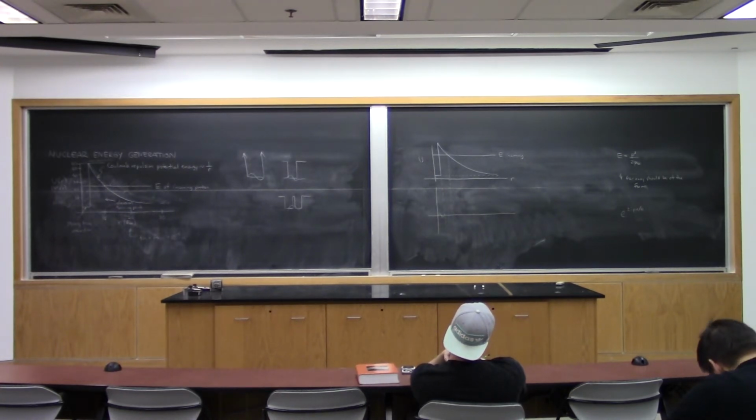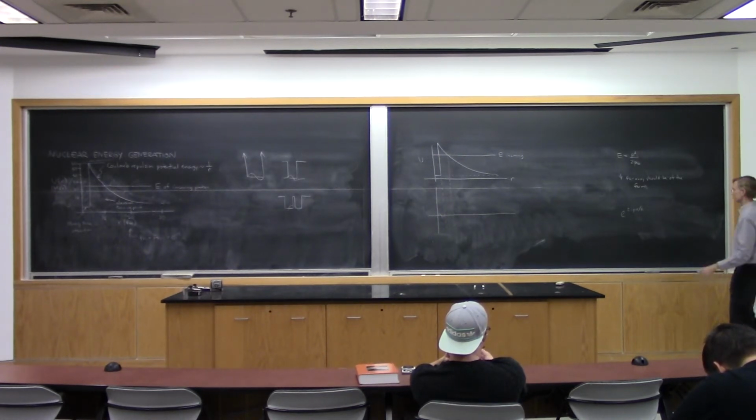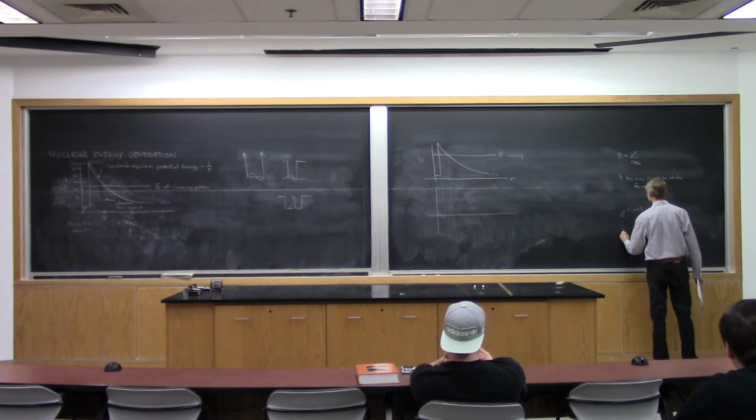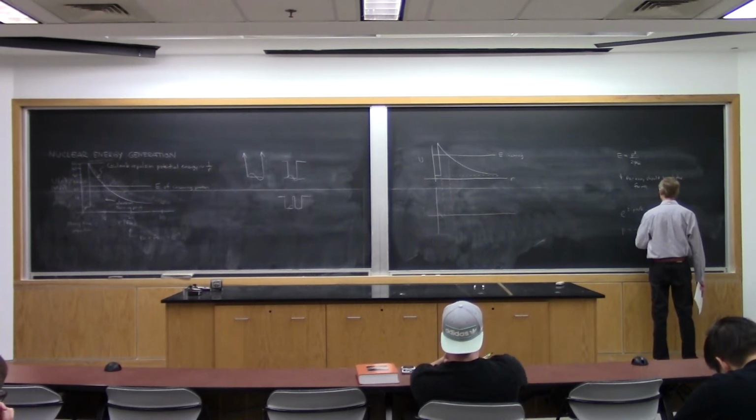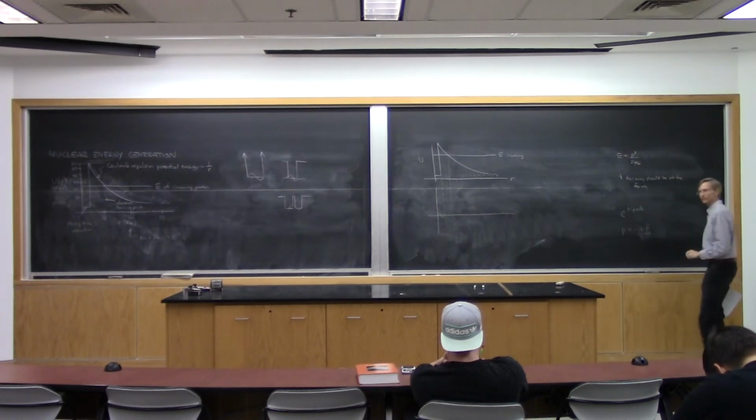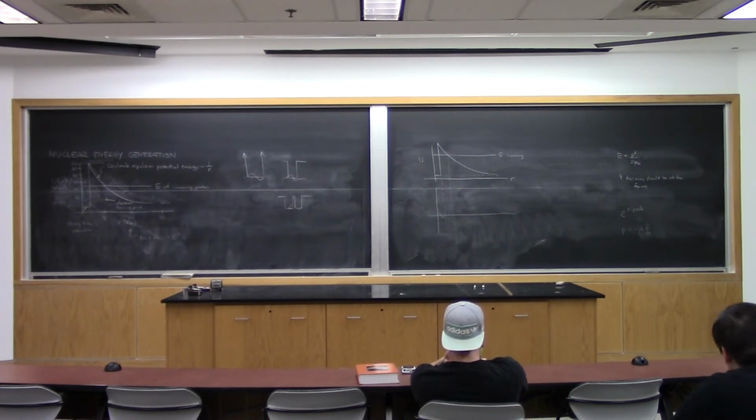Remember that complex exponential sinusoids are eigenfunctions of the momentum operator, so they have well-defined momentum. The p operator is minus i h bar d/dx. That's the momentum operator in quantum mechanics.